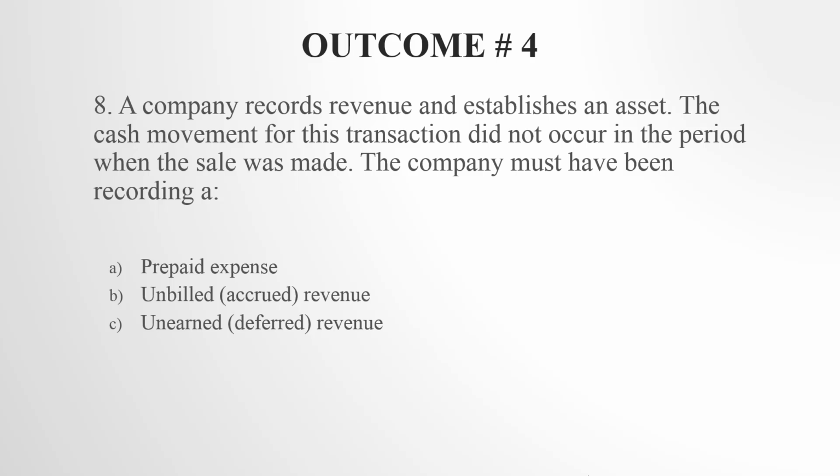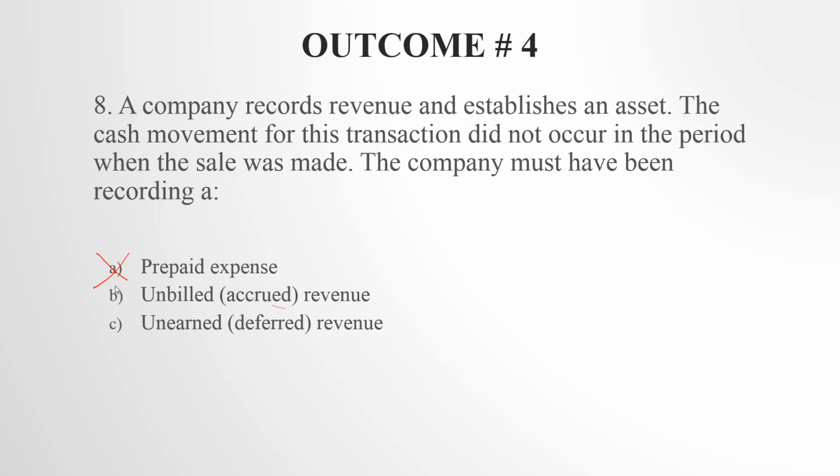Prepaid expense is an asset, but it is not associated with any revenue. This account is generated when we pay cash in advance for some service that we need to receive in the future. So while it is an asset, there is no associated revenue entry. So A is wrong.